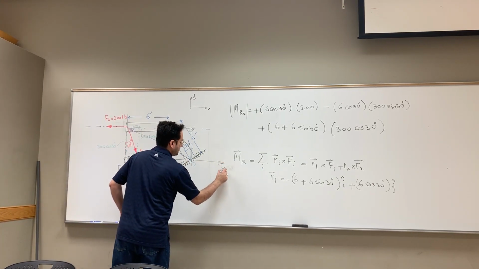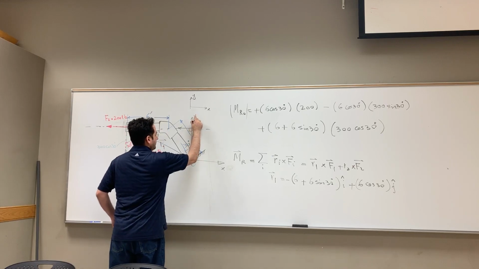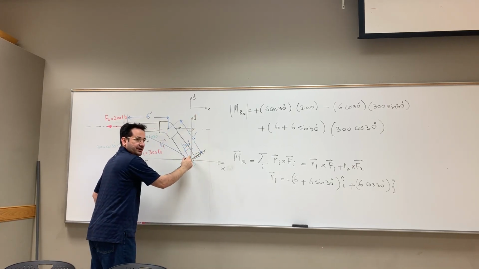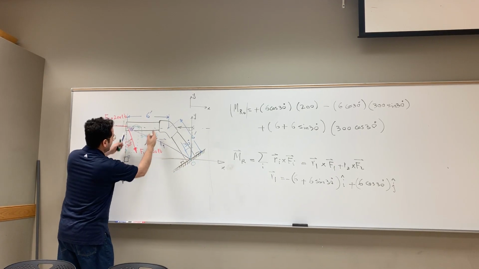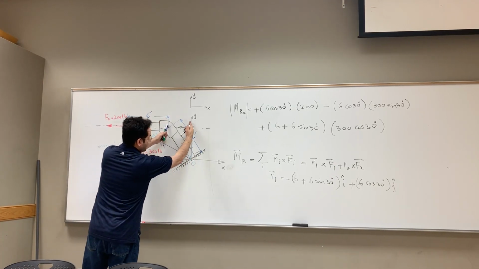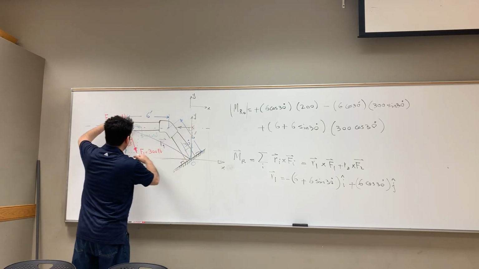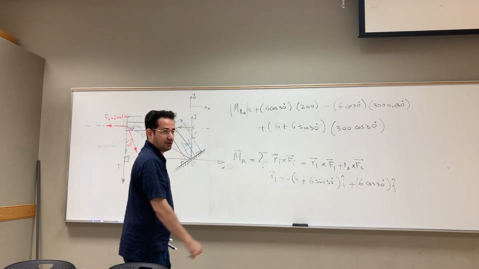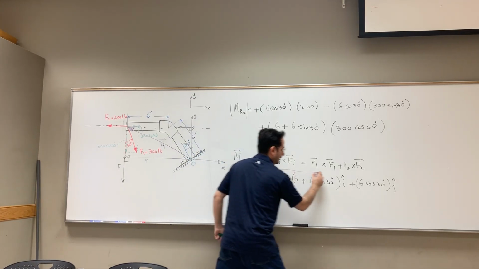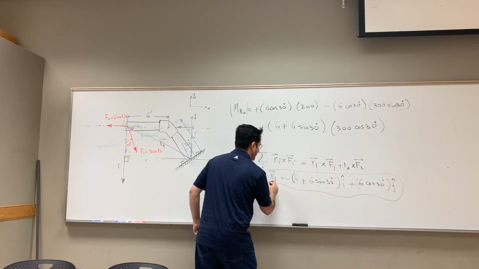This is X positive, Y positive. I put it at a reference point. This is a reference point. So this point, the X is negative, 6 plus 6 times sine 30. The Y is positive 6 times cosine 30. So that's your R1. What about R2?